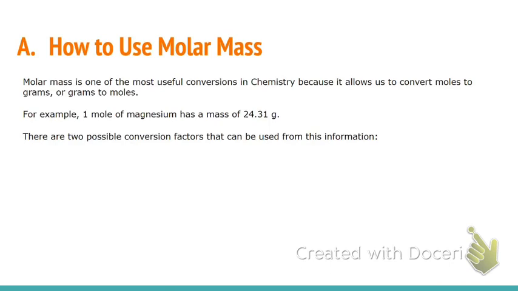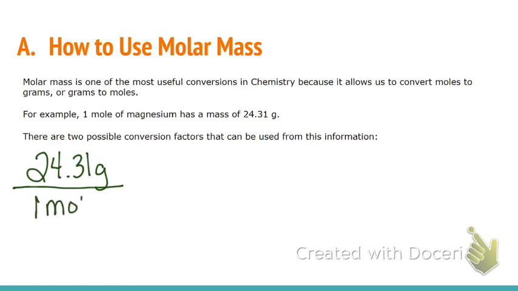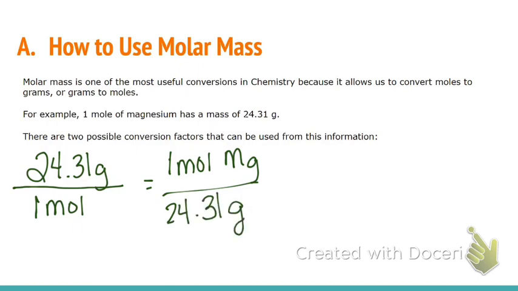So there are 2 ways we can set that up into a conversion factor. The big thing is, it says that it's per mole. So we can say that we have 24.31 grams per, remember per means divide, 1 mole. Vice versa, we can say that if you have 1 mole of magnesium, you have 24.31 grams.